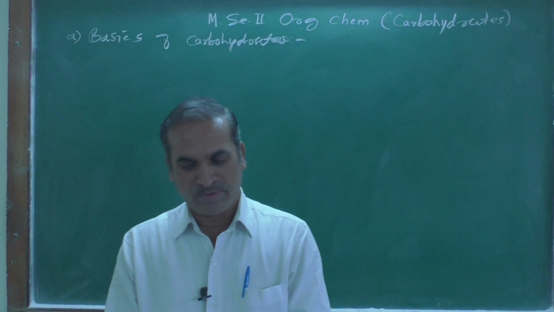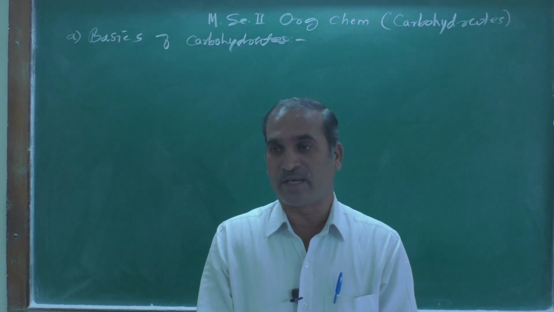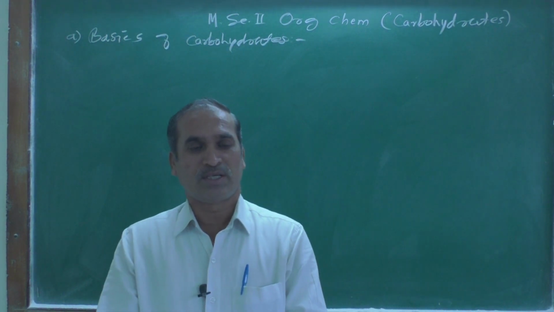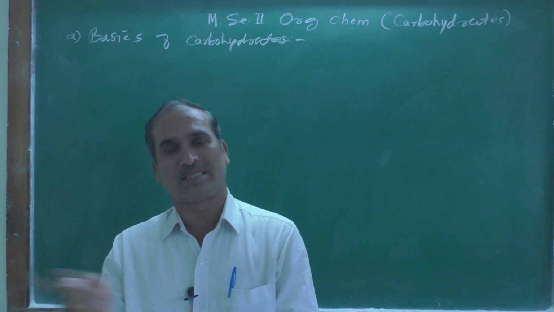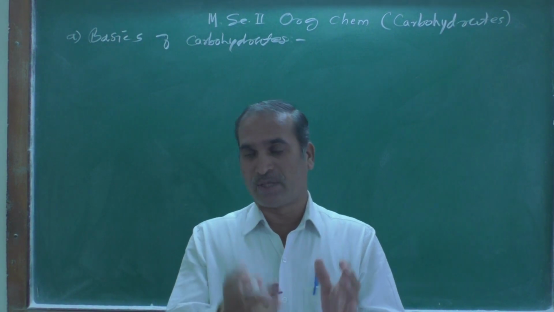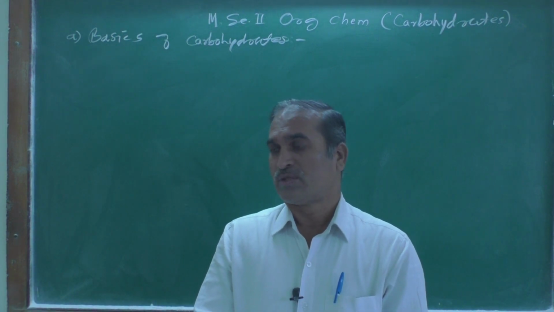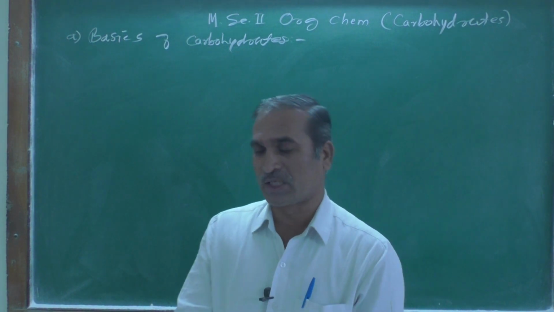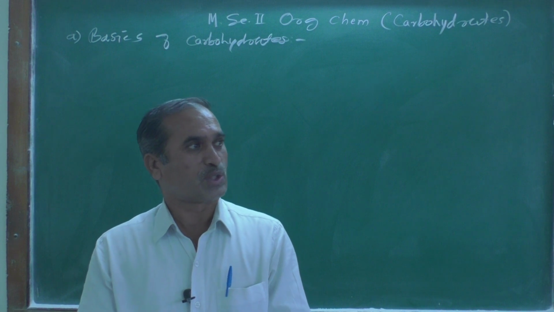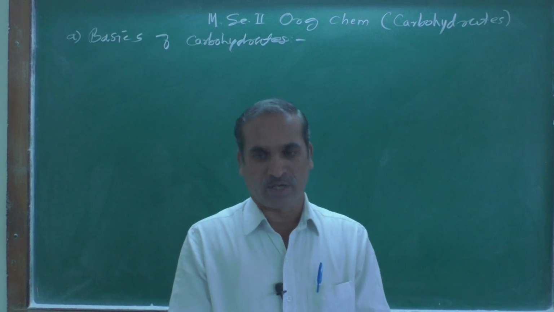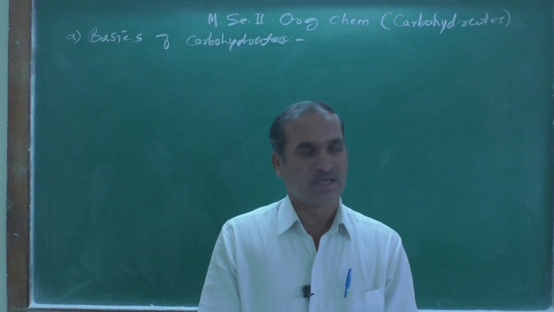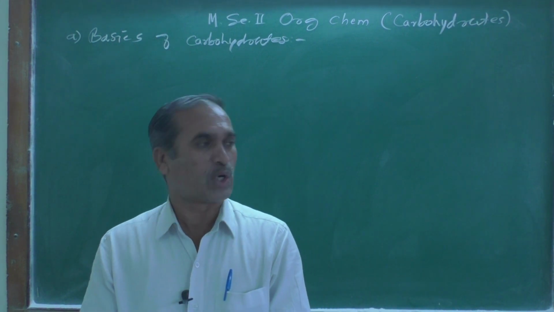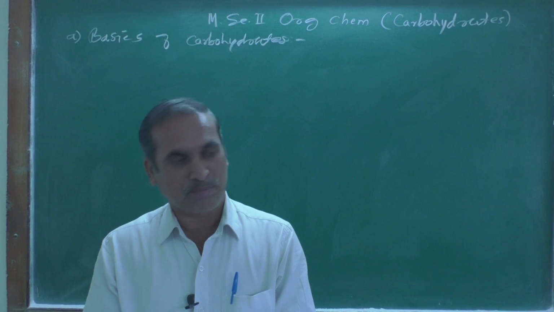Glyceraldehyde is the common name, D-glyceraldehyde, sometimes referred to as D-plus-glyceraldehyde, and that plus indicates the optical rotation, rotating the plane of polarization to the right hand side, which is why it is called a reference compound.